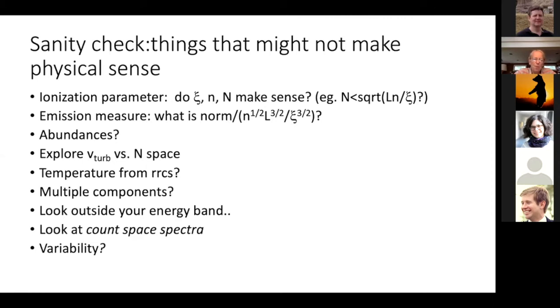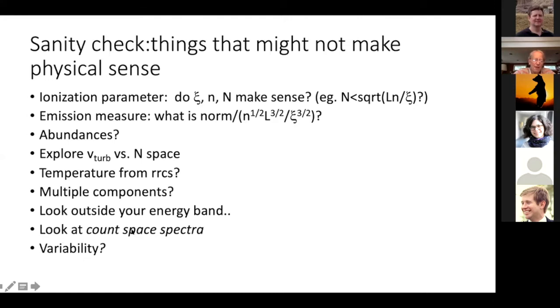Do you have multiple components of gas? Do you have multiple pieces of your photoionization model that need to be added together? Are there many of them? Can you simplify that? And then you might want to look outside the energy band. Does this model predict things that you don't see in the hard X-rays or the optical UV?